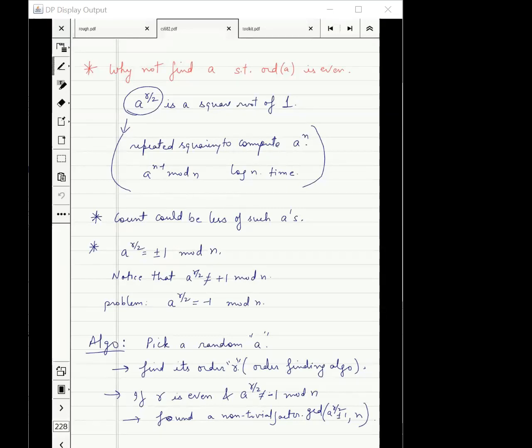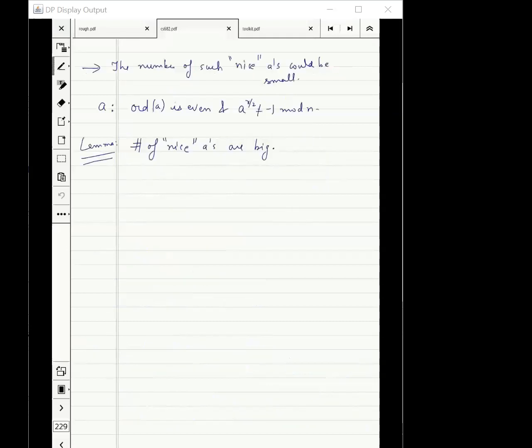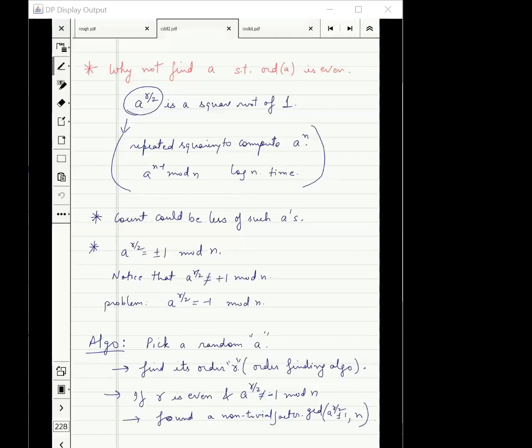No, but that's what I'm saying. Assume that the lemma is true, the number of nice A's. Assume that I have shown that. Then also there is a small subtlety in this algorithm. We need to construct Zn star first.